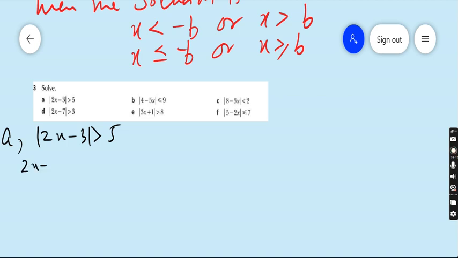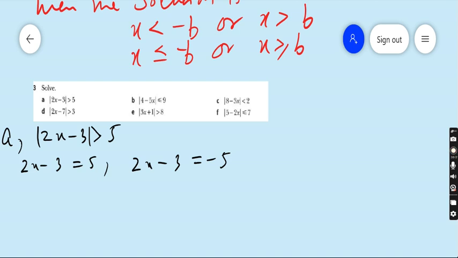So 2x minus 3 is equal to 5, and 2x minus 3 is equal to minus 5. Whenever you drop the absolute value sign, you must take plus and minus value on the other side.